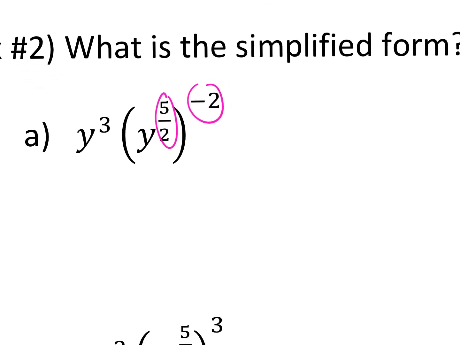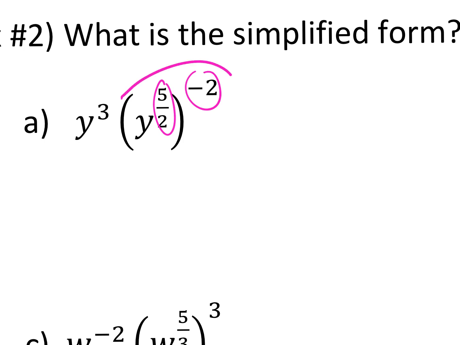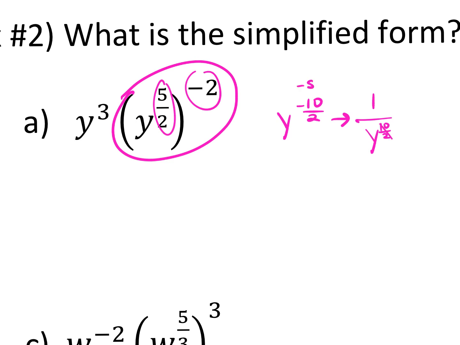You could either, right now, call this y to the -10/2, and then turn that into 1 over y to the 10/2. -10/2, you could technically call that -5 right now, so then this is a +5, okay? So you could do that, where you distribute that -2 first, multiply it, and then move it.